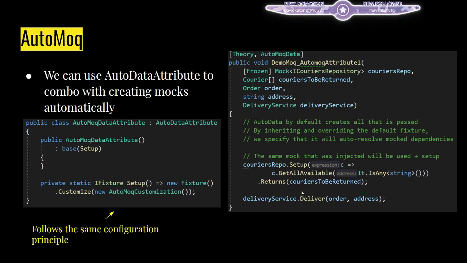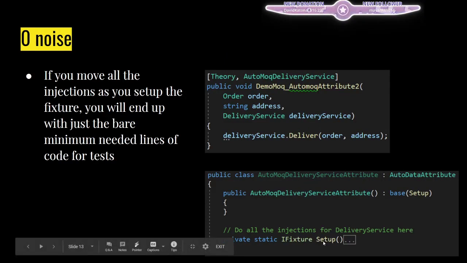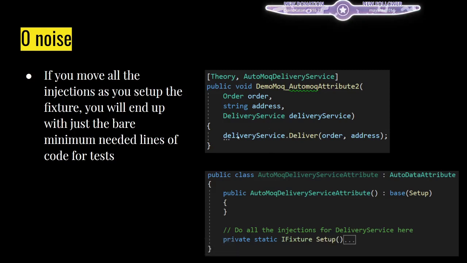But wait, there is more. I can set up the mock itself in the setup method for AutoFixture, and then my delivery service call would look like a single line of code. And all the mock-specific things are also gone. So now it's very clear that for calling this service, I just need an order and address, and I call the delivery service.